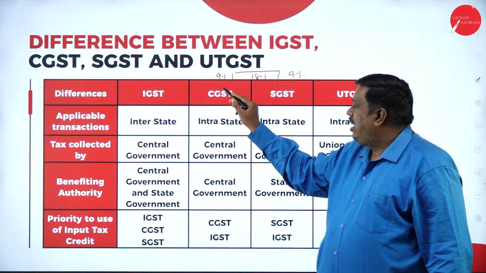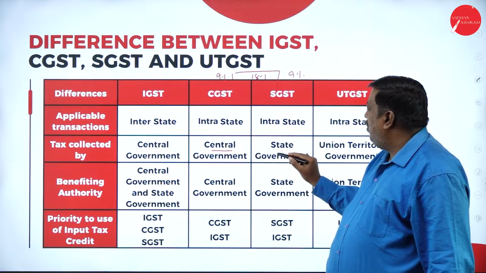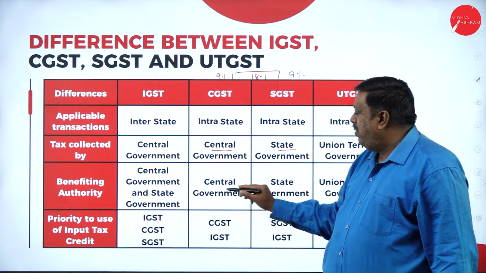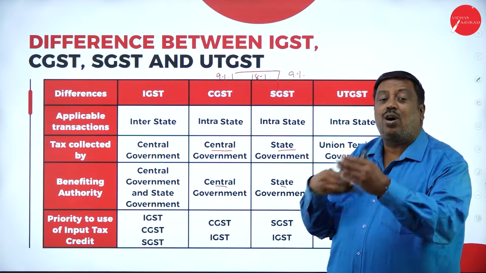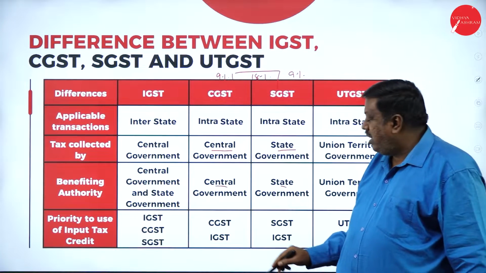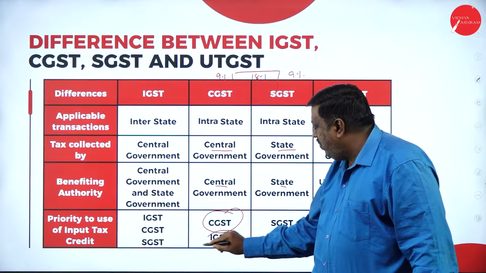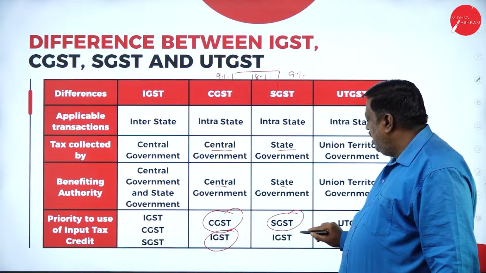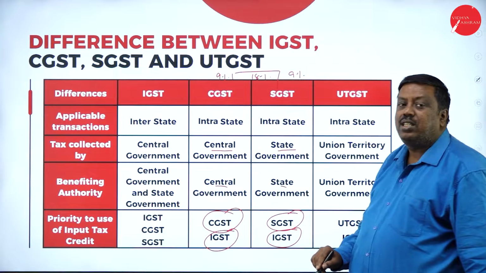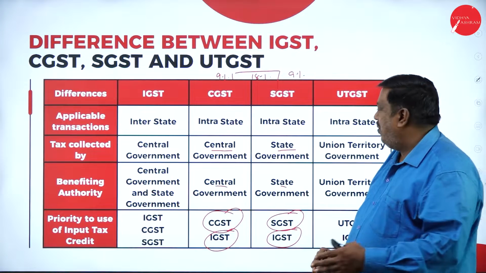The central government collects 9% and the state collects 9%. The benefit goes to the central and the state. Any excess tax credit can first be adjusted against CGST and then IGST. For SGST, the first benefit is against SGST and the second against IGST.